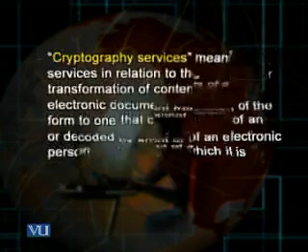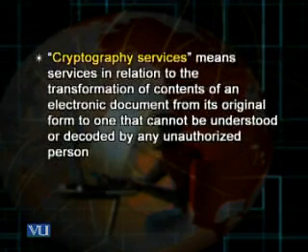Then the term cryptography services. It means services in relation to the transformation of contents of an electronic document from its original form to one that cannot be understood or decoded by any unauthorized person. So you are familiar with the concept that by using the cryptographic keys, the messages can be scrambled, they can be made into a non-understandable format.